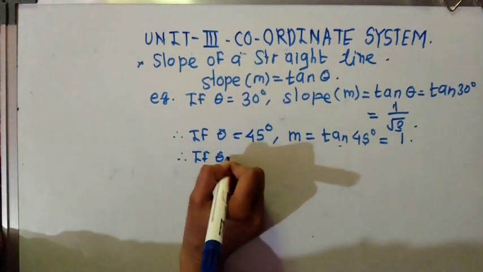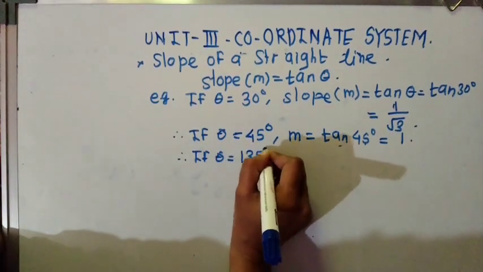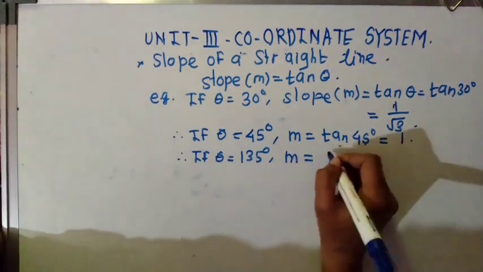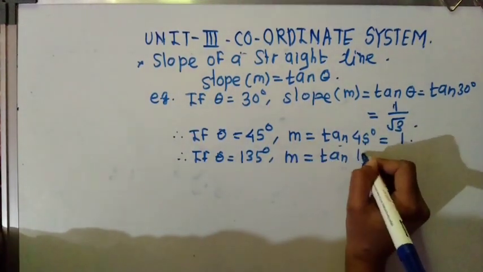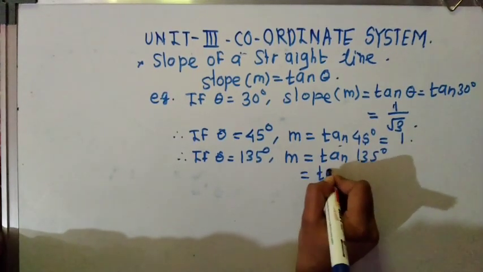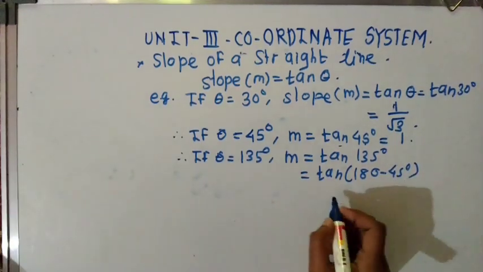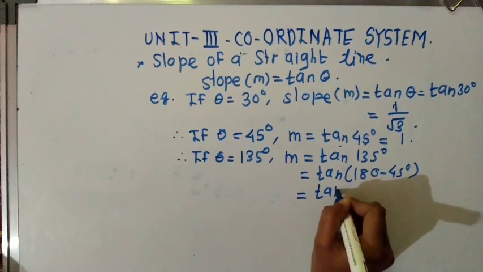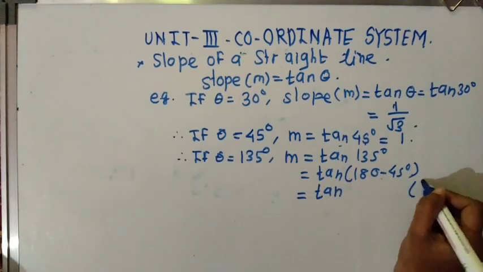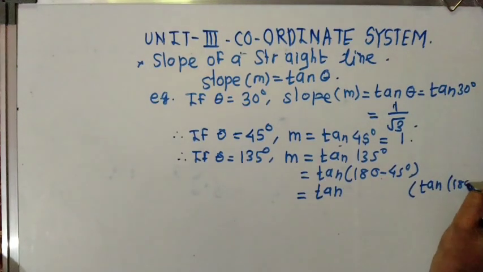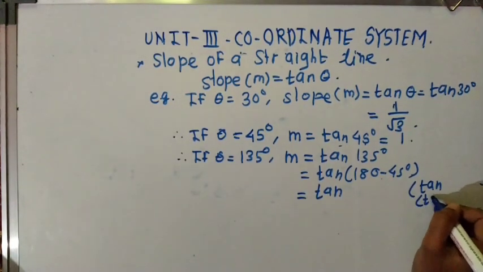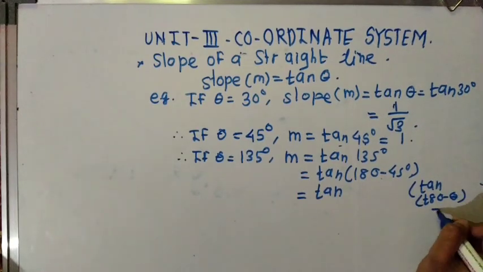Then if theta is equal to 135 degree, then m is equal to tan 135 degree, but 135 is 180 minus 45 degree, and hence tan of 180 minus theta is equal to minus tan theta.